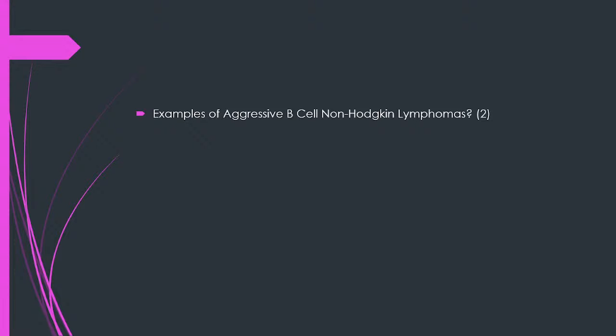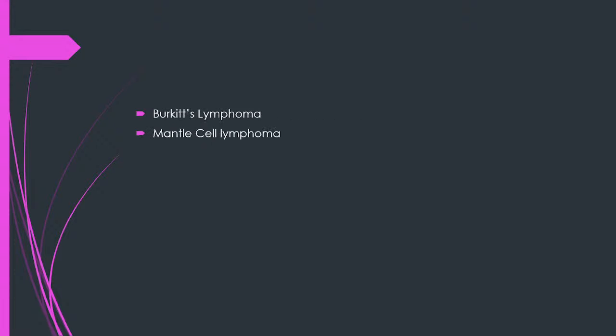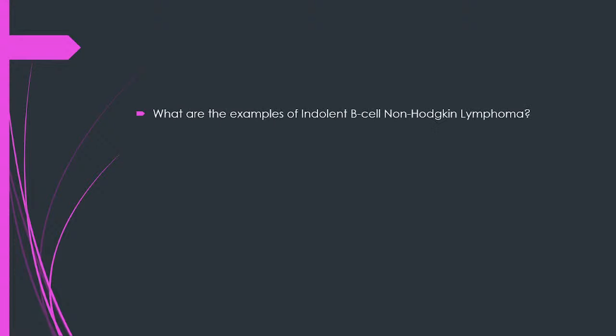Examples of B cell non-Hodgkin lymphoma: I don't think it's going to be asked in the board exam, but anyway, I'm going to help you out. Burkitt's lymphoma and mantle cell lymphoma. What are the examples of indolent type lymphoma? It's easy for you to remember this.